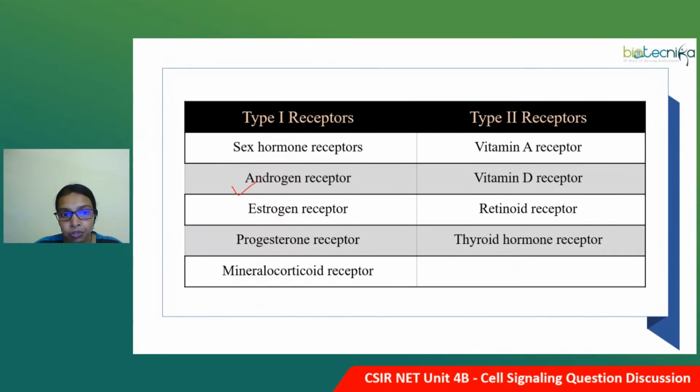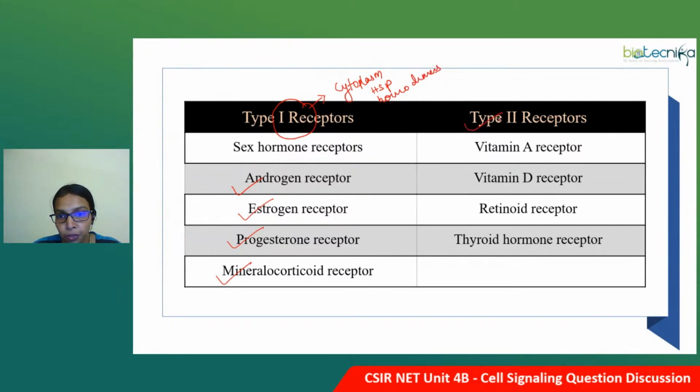So androgen receptor, estrogen, progesterone, corticoids, all of them belong to type 1 receptor. That means their location will be in the cytoplasm. And they will be bound with HSP forming homodimers.